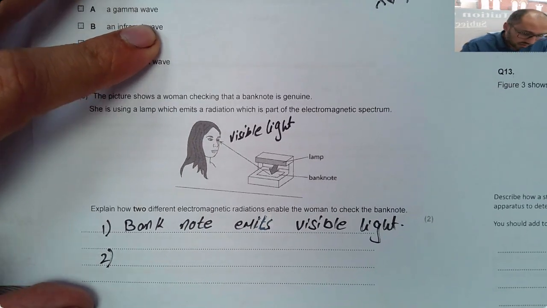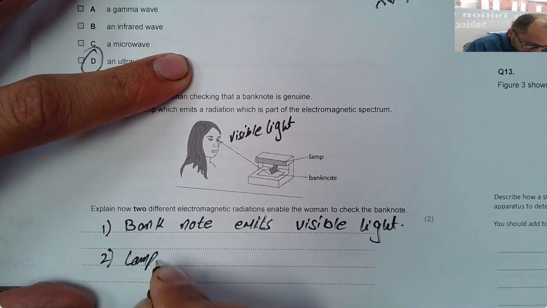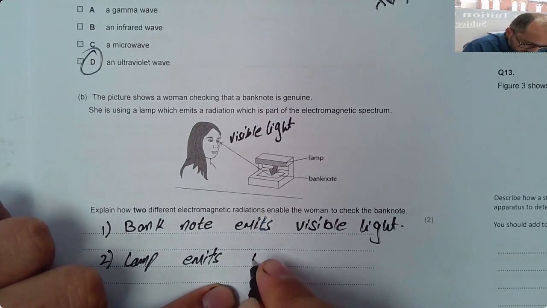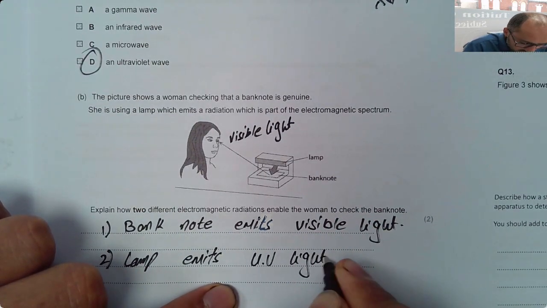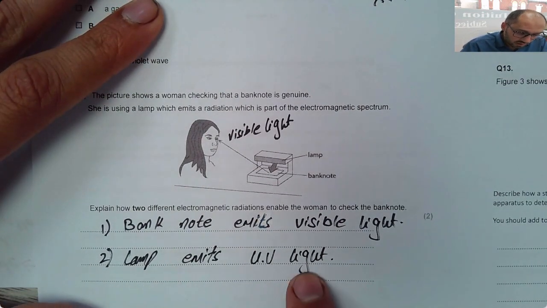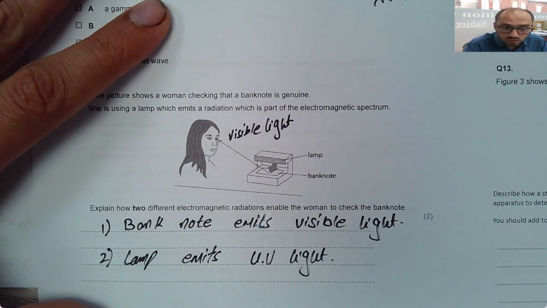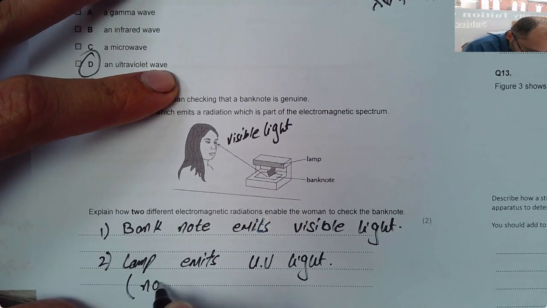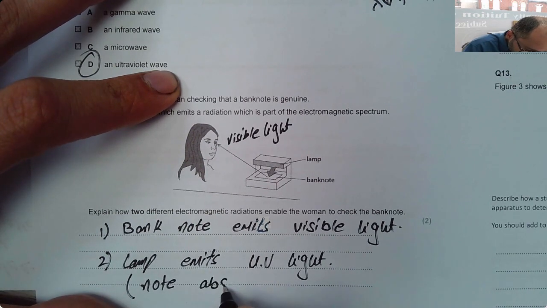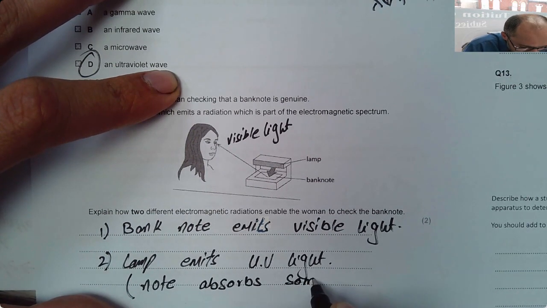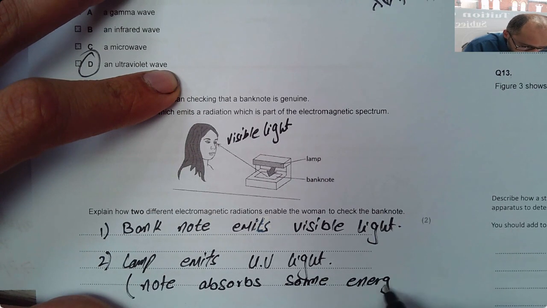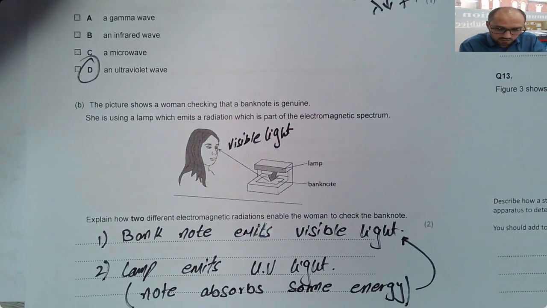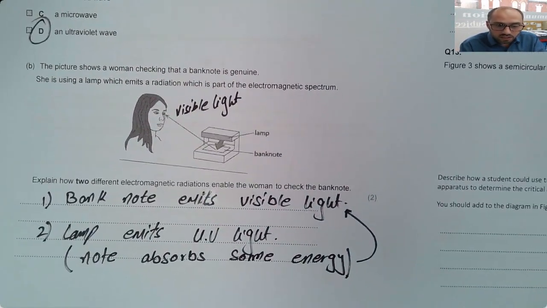Number 2, the lamp emits UV light. Now what is happening here? When the UV light falls on the banknote, it absorbs some energy and it will emit visible light. And that visible light can now be detected by humans.